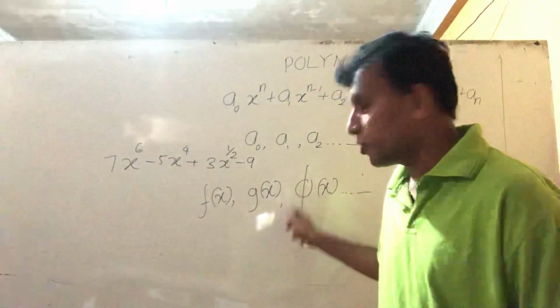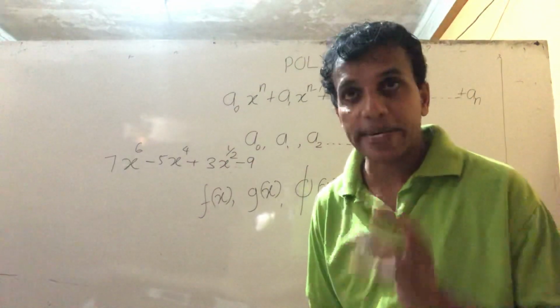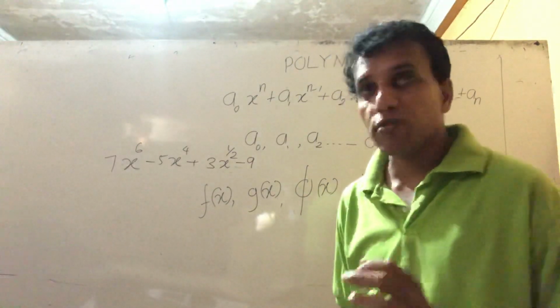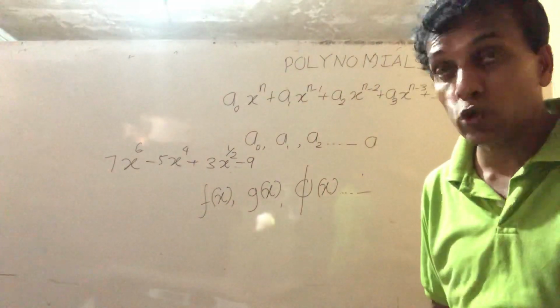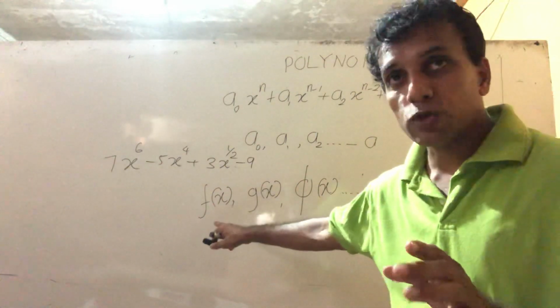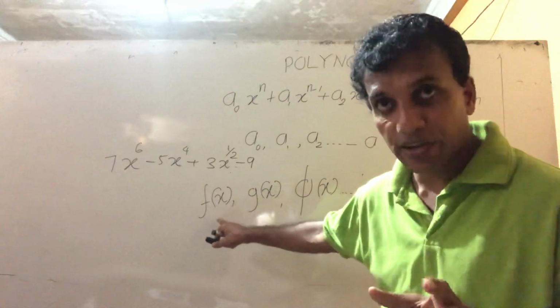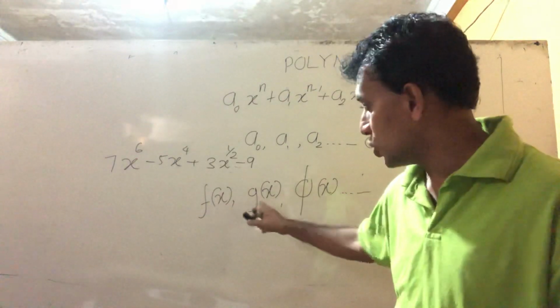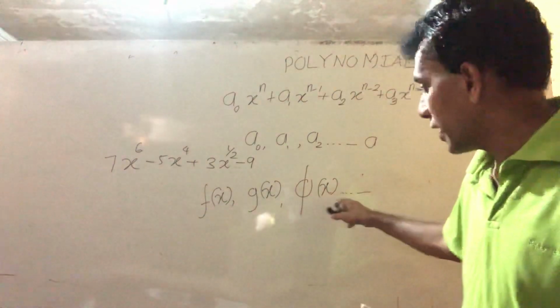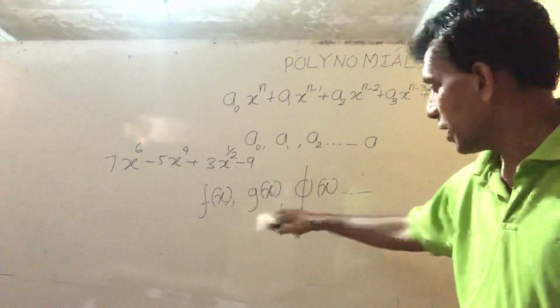You need some Greek letters in mathematics. In advanced study, we use so many Greek letters. So usually polynomials are denoted as f of x. We read this f of x, comma, g of x, comma, phi of x, and so on.